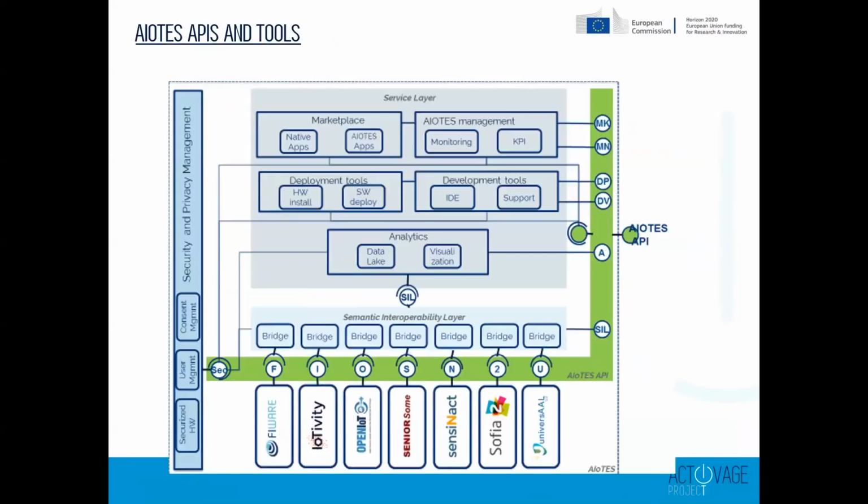So this is the overall architecture. I will probably not go into detail on the technical part, but for your solutions, if you are coming, for instance, with a new IoT platform, you will probably need to build a new bridge to be compliant with IoTS.